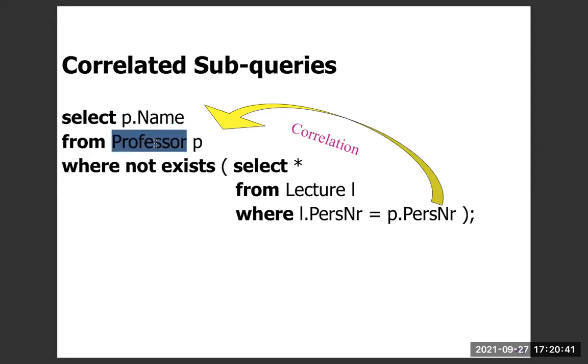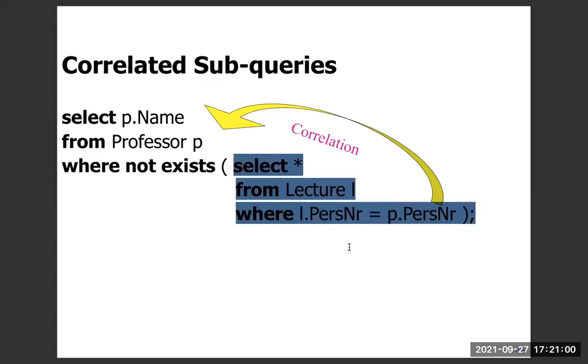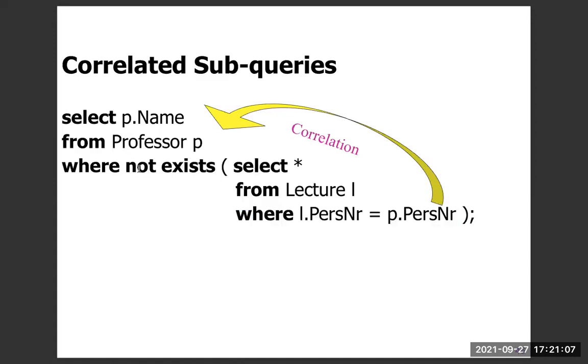So every professor that has no lectures associated with them at all goes to the final result of this query. And if a professor has at least a single lecture, then that select returns a table with at least a single record, exists returns true, not exists returns false. So this professor should not go to the result.